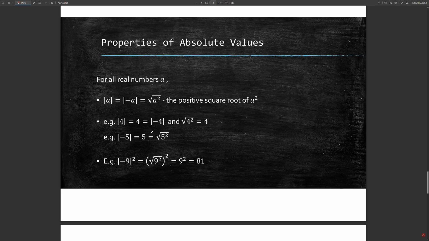So for example, let's call it example number 1: the absolute value of 4 is 4, because using this formula, 4 squared is 16, and the square root of 16 is 4. So we get back this. Similarly for 9: 9 squared is 81, and we do the same thing and get back 9, just to check our answer here.